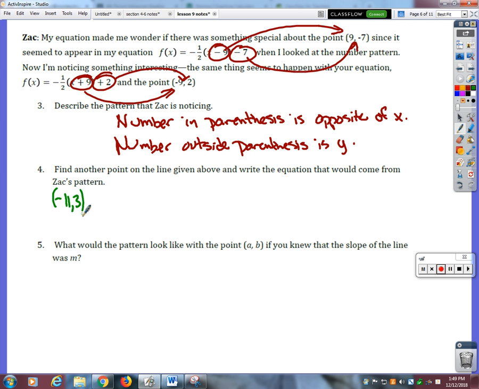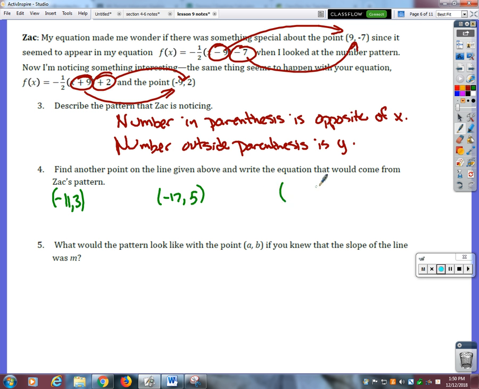McKenna, do you have a different point from that? Nathan, did you find a different point on the graph? Maria, do you have one? Finding a point on the line, yeah. What do you have, McKenna? Negative 17, 5.